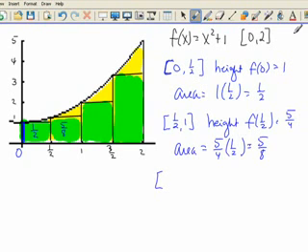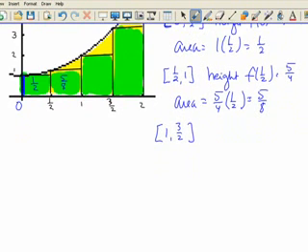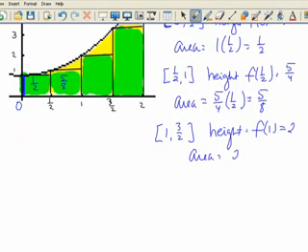And then my next interval from 1 to 3/2, the endpoint I use is the left endpoint, so that's x equals 1. The height of that rectangle is f of 1, which would be 2. So the area of that rectangle is 2 times 1/2, 1.